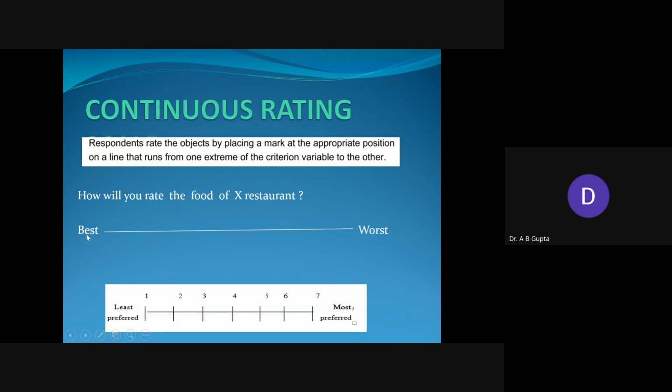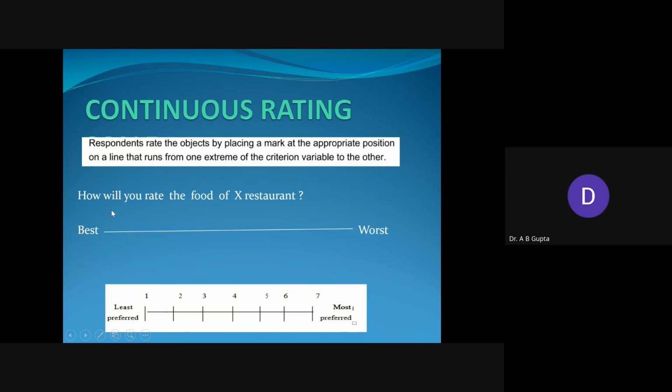On one side I am writing best food, another side I am writing worst food, and then there is a line. A line has been drawn. Can you see this line is there? So on one side best, another side worst, and we are asking the customer to just put a dot or put a tick on the line. At any place you want to put the dot or tick, you can put it.